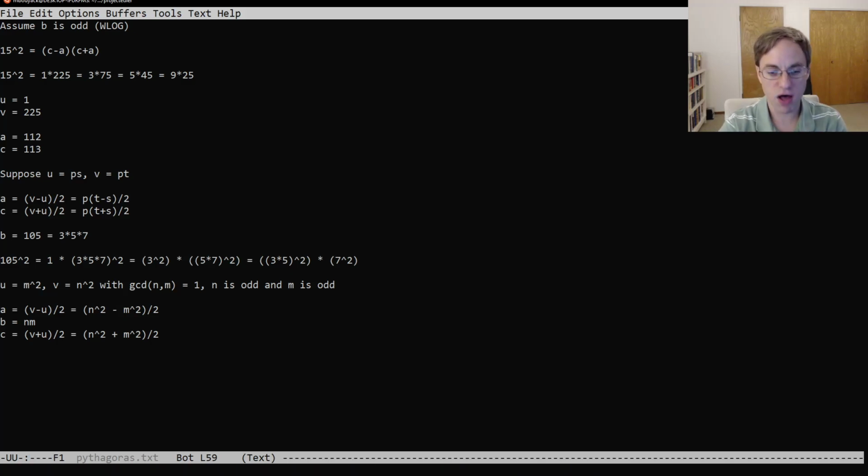So now we have our procedure, and now we can check to make sure that it actually does work as intended. So we take our expression for a here, and we say a squared plus b squared. That's going to be equal to this expression here, plus nm squared.